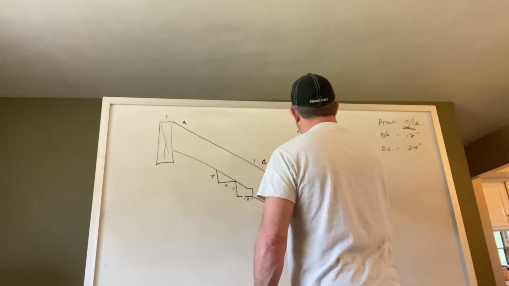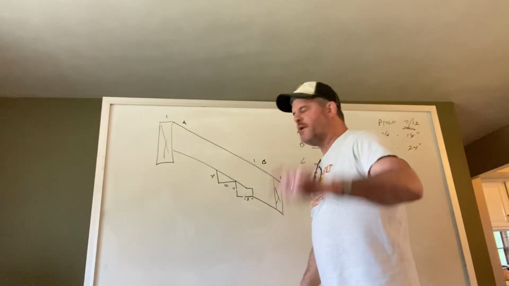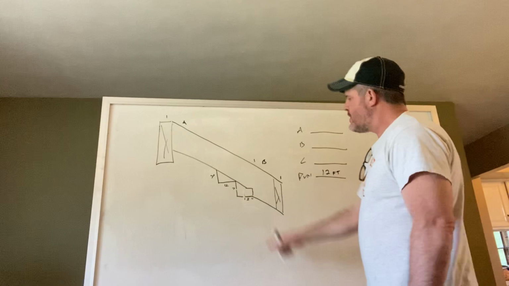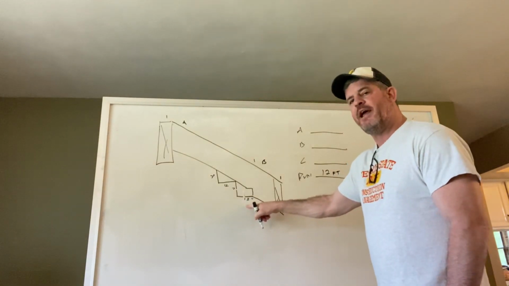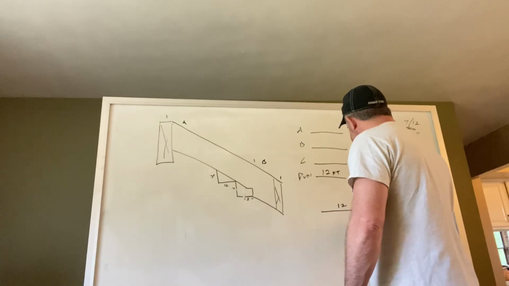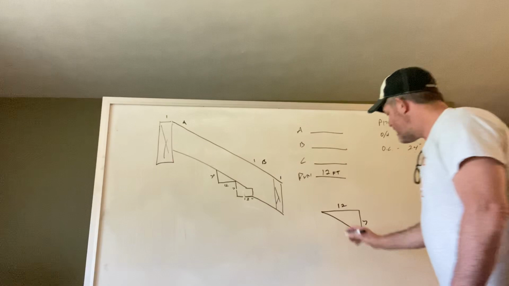I need A, B, C, and run. If I'm solving for common number 1, my run is going to be what? 12 feet. If I'm solving for something that hits the top plate at 90 degrees, my unit run is going to be 12 inches. My unit rise is going to be 7 inches. I solve for the hypotenuse of that triangle.